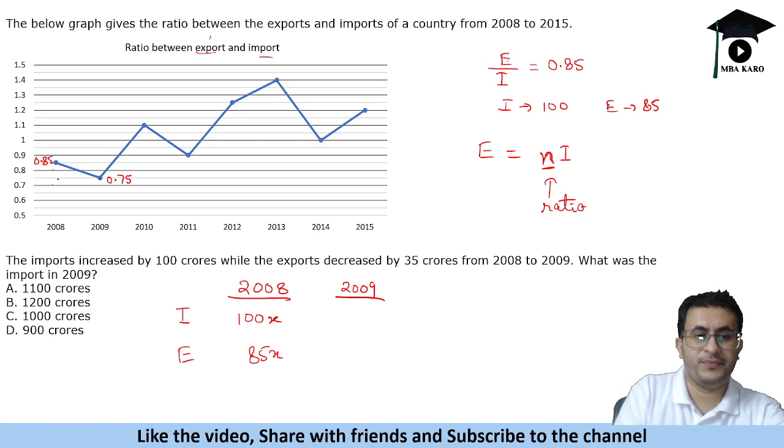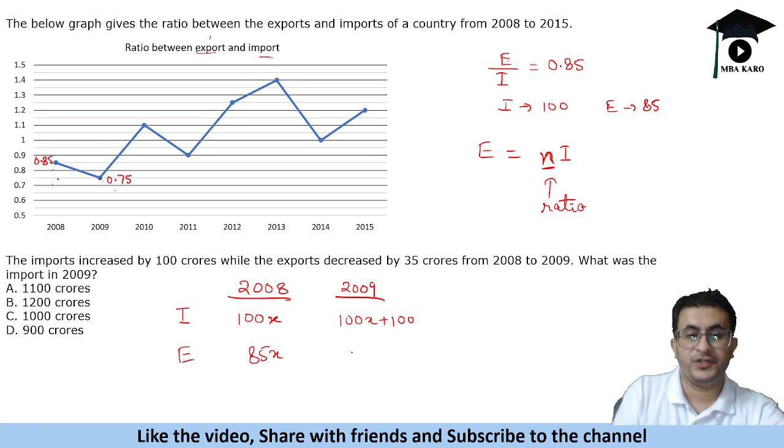Now it says the imports increase by 100, so it becomes 100x plus 100. Okay. So what will be the export here? 0.75. So this is 75x plus 75, right? 75% of it. So export decreased by 35. So this minus 35 is this. So we'll get 10x is equal to 110.